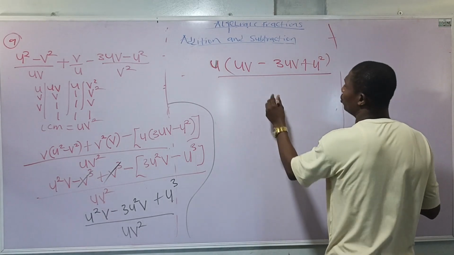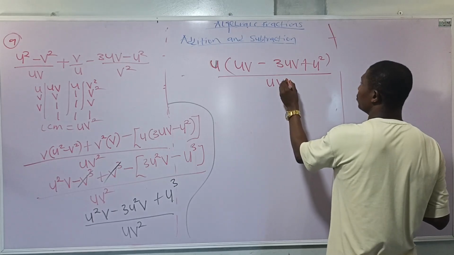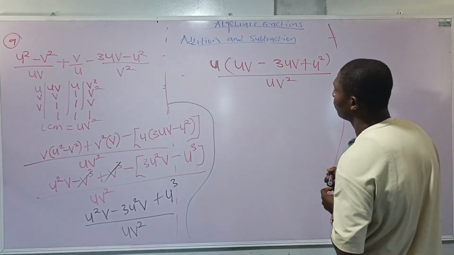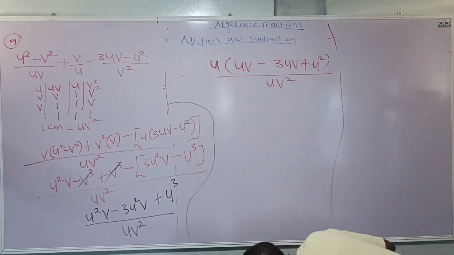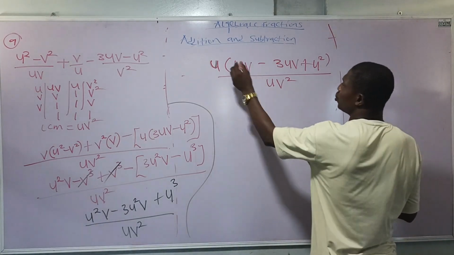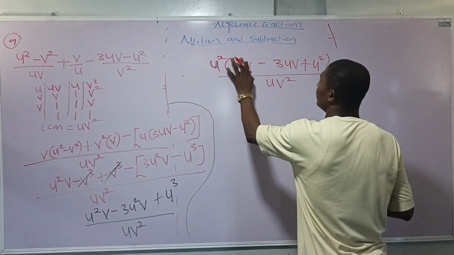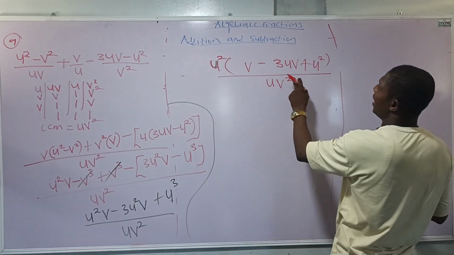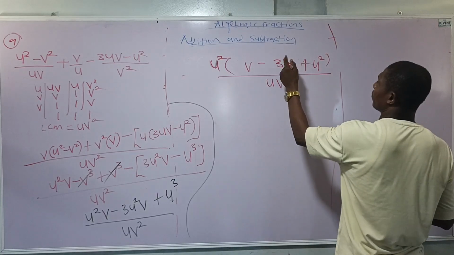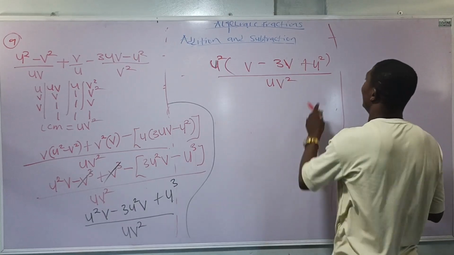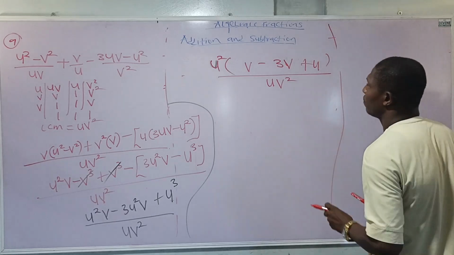All over uv square. Rather, what's common is u square. I made a mistake. u square is common. So this will give me v, and this will give me 3v, and this will give me u.